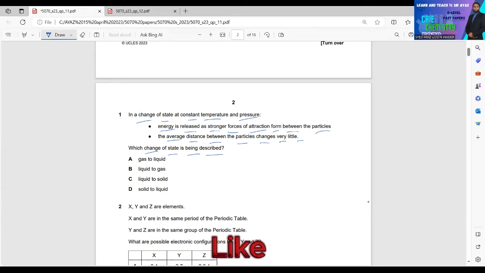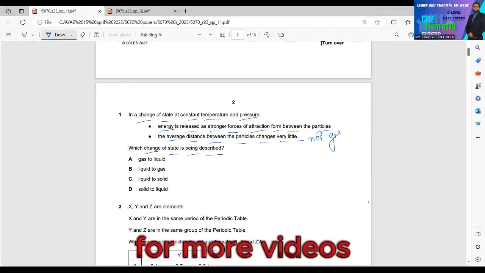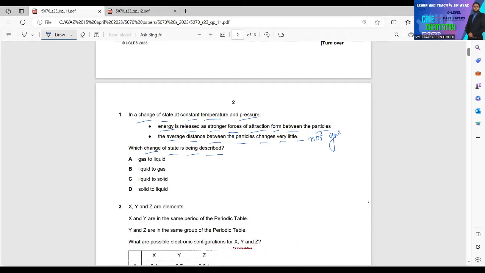But in solid state, the force is greater. And they are saying that the average distance between the particles changes very little. It indicates the initial state is not gas, because in the gas state, the particles are far away from each other. So there's very little change in terms of the distance between the particles. So C must be the right answer for this question.